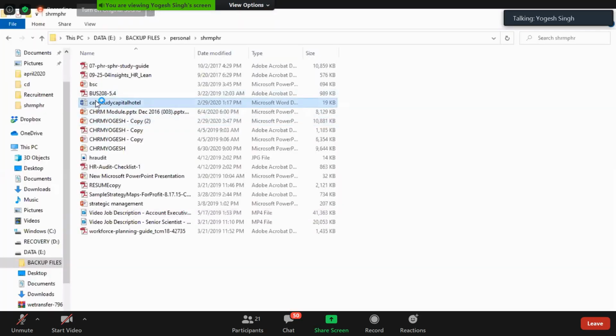So it's a case study of a hotel. I will share this with you. You just need to go through the case study, and there are some questions in it. You need to answer these questions. I have highlighted some of the areas which, according to me, are very relevant, and you must focus there. And then you need to answer these questions.